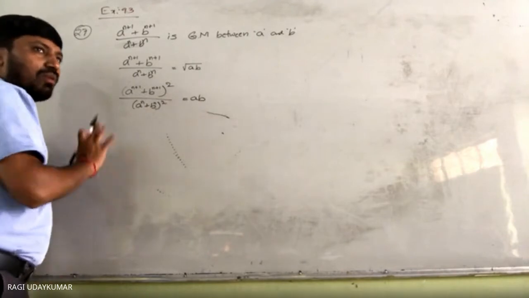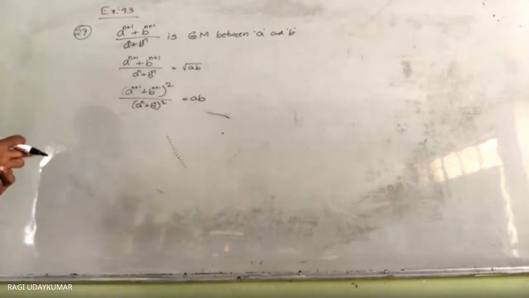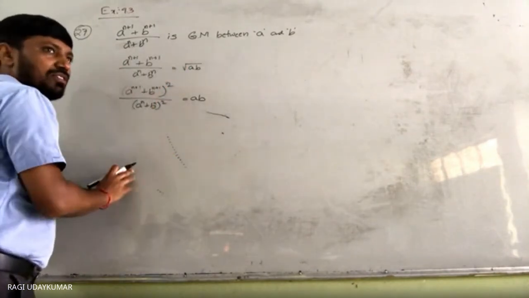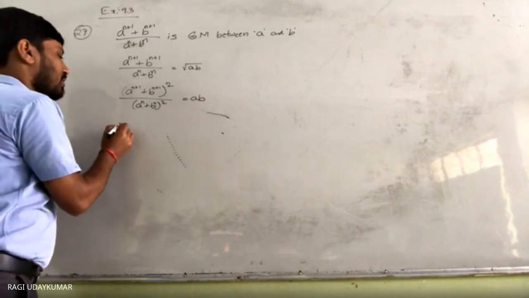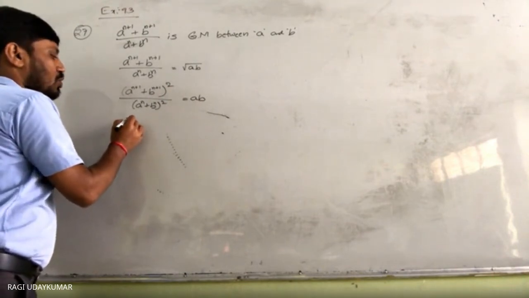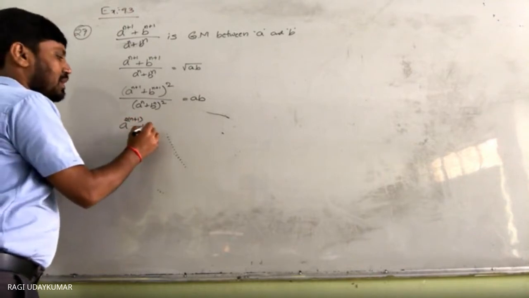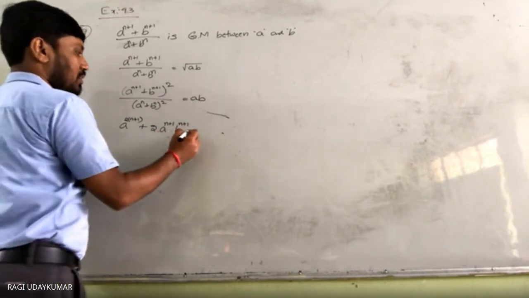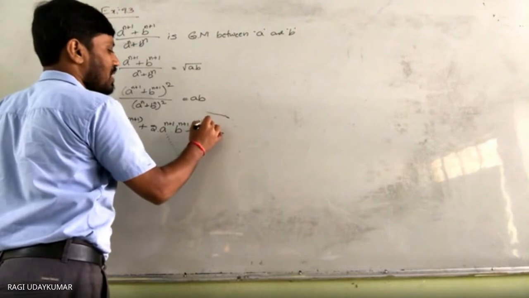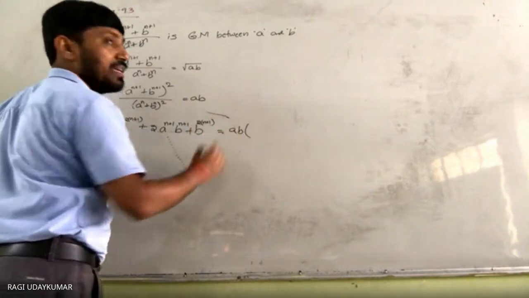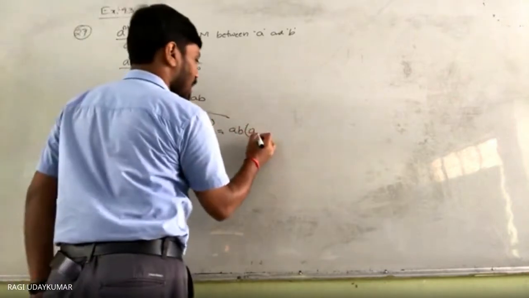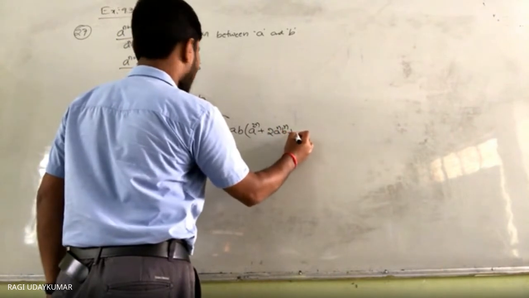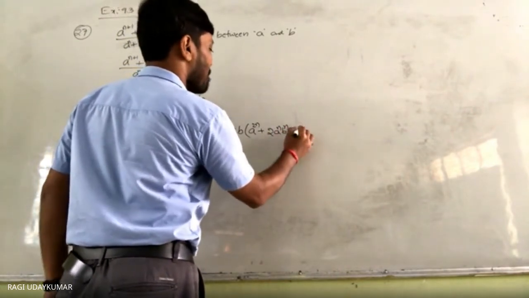What we need to do here is expand it using the idea of (a+b)^2. So a^(2(n+1)) + 2 a^(n+1) b^(n+1) + b^(2(n+1)) is equal to ab times (a^(2n) + 2 a^n b^n + b^(2n)).